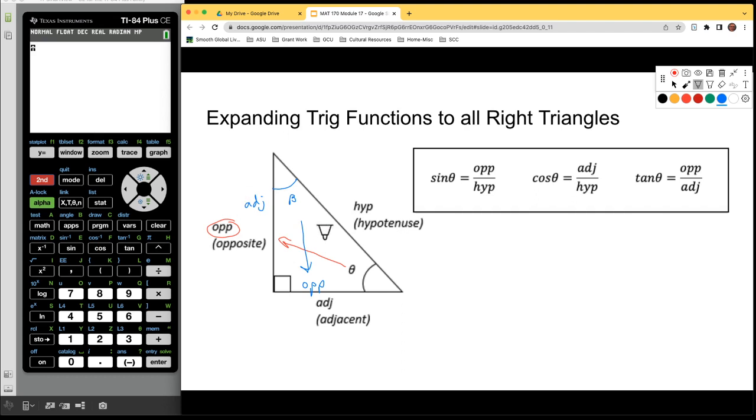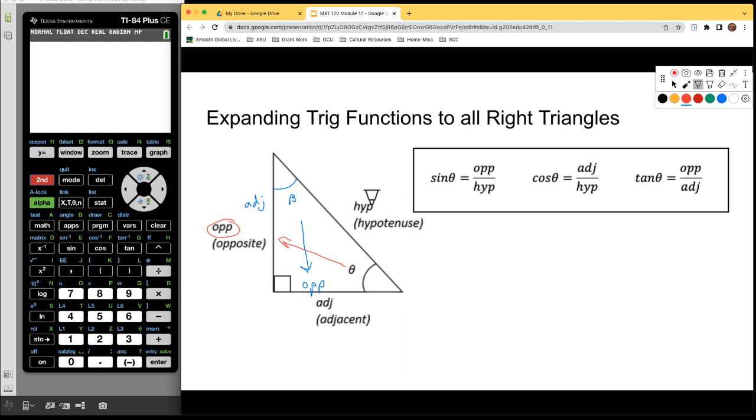And then once we have it set up, if we're talking about theta, the red angle, or is that orange? So the sine is now going to be considered the opposite over the hypotenuse. When we had the unit circle, the hypotenuse was 1, so this really isn't anything new, but it's more generalized.